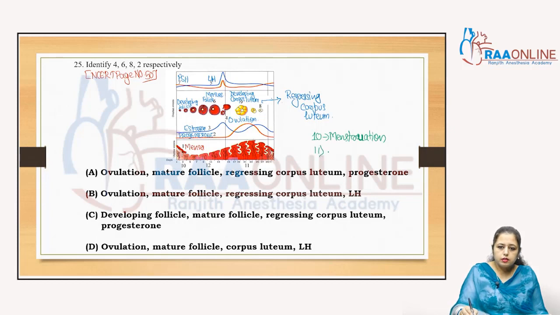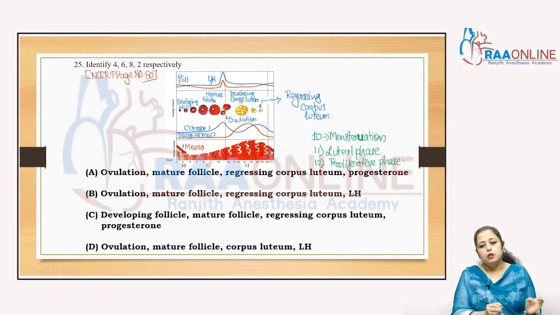That 11th is the luteal phase, which is also known as the secretory phase, right? 12th one is the proliferative phase, or we can say the follicular phase. Clear? So all these are the enumerations.